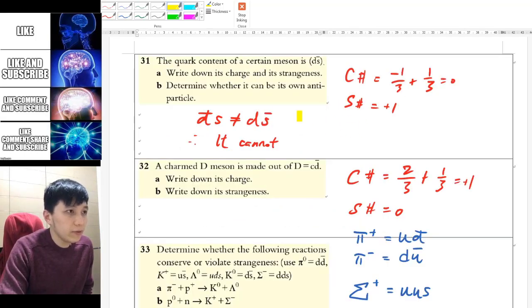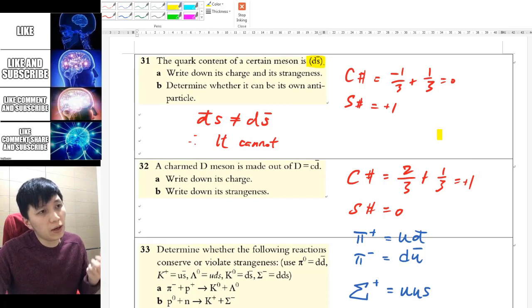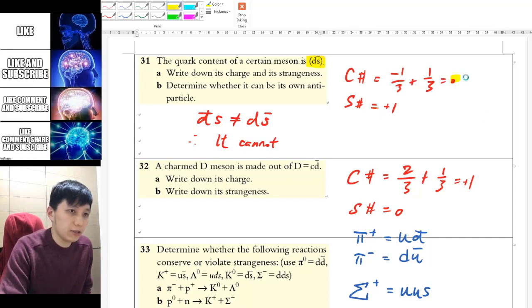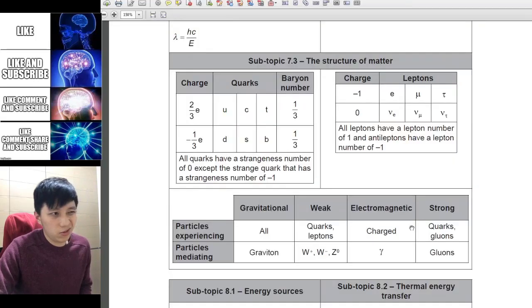Question 31 asks you to find the charge of this one, so just go and check out the data booklet. D is -1/3, strange is -1/3 as well, but this is anti-S, so +1/3, eventually giving you 0 charge. For strangeness, once again, remember to check this.